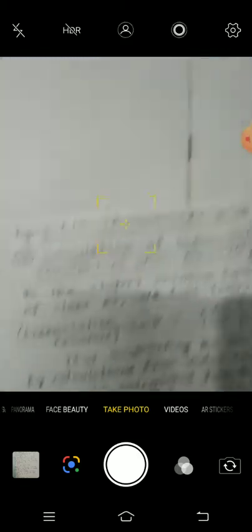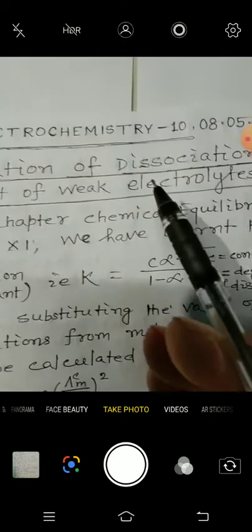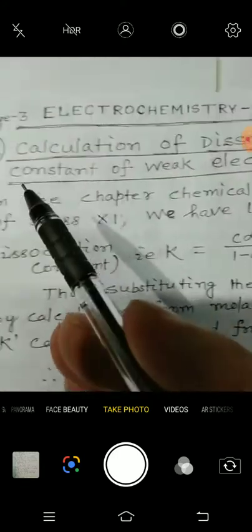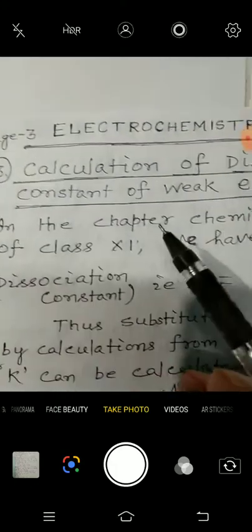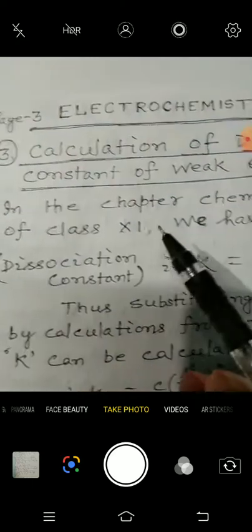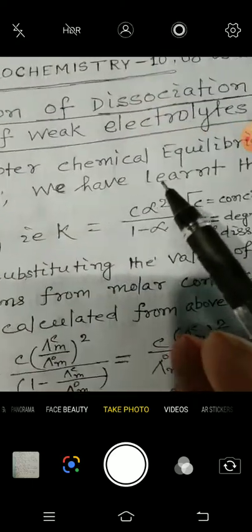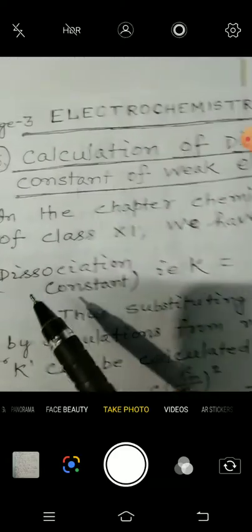Now, the third application is calculation of dissociation constant of weak electrolytes. In the chapter Chemical Equilibria of class 11, we have learned that the dissociation constant K will be equal to this much, where C is concentration and alpha is degree of dissociation.